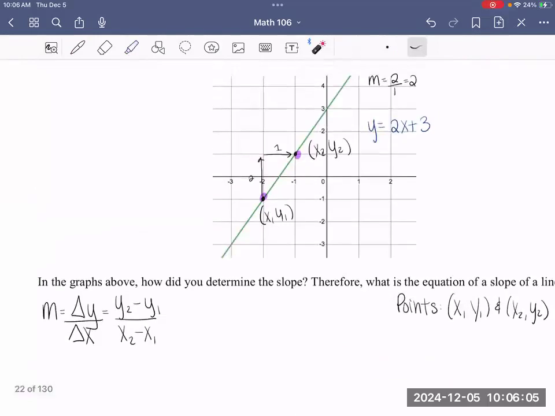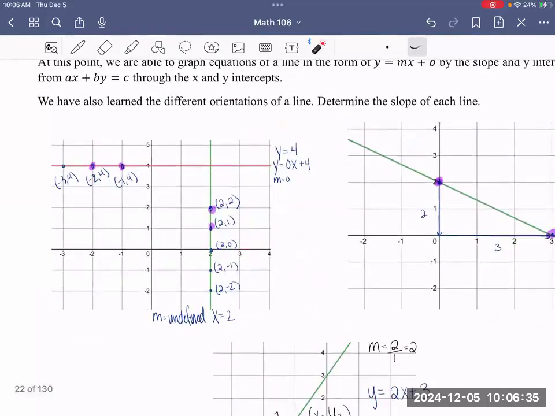So if you picked these 2 points versus these 2, as long as you have 2 points that you're evaluating between, 1, 2, 3, 4, 1, 2, you have 4 divided by 2, that's still going to give you 2, which is the same slope. Notice that it's not going to change.